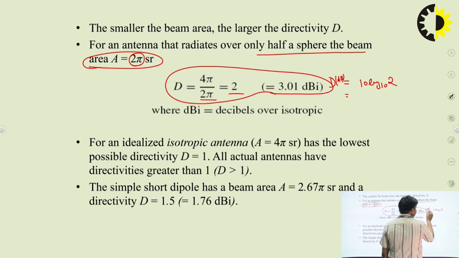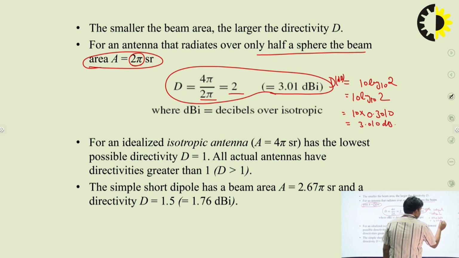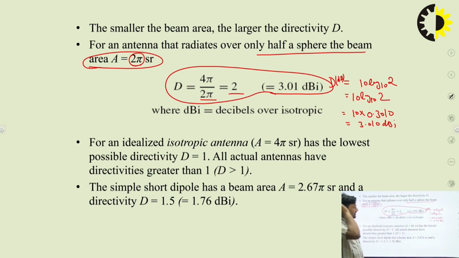If we convert into dB, it is 10 log base 10 of 2, where log 2 base 10 is 0.3010, and we multiply by 10, so we get 3.010 dBi. That means this directivity is 3.01 dBi, which means the directivity is enhanced with respect to the isotropic antenna by 3.01 dB.